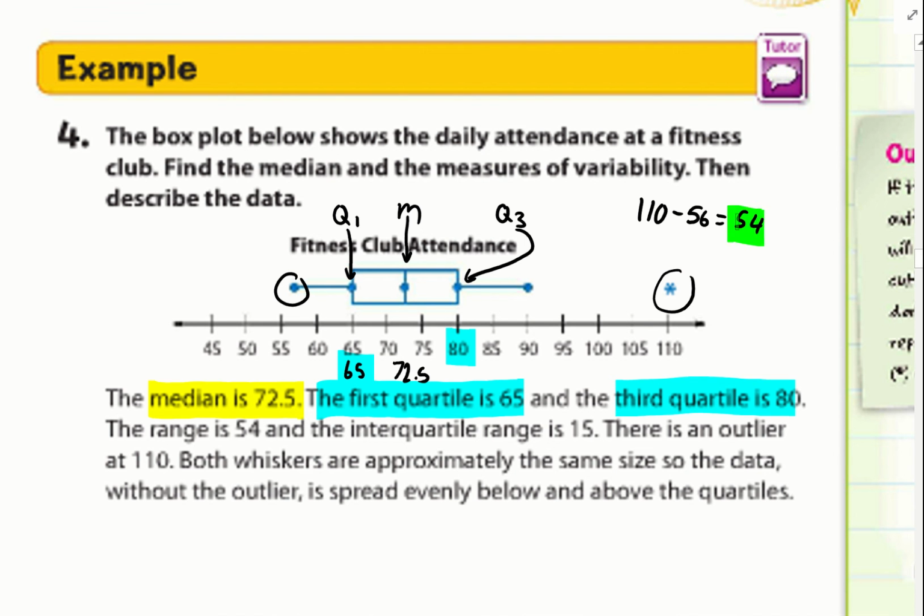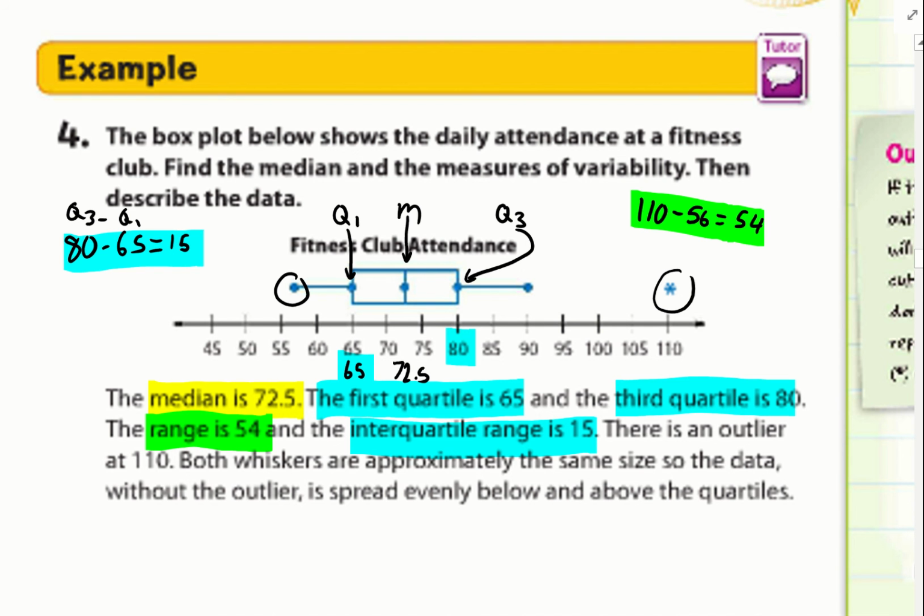So that is my range. My IQR is 15 because it's 80 minus 65, Q3 minus Q1, and that's going to equal 15.